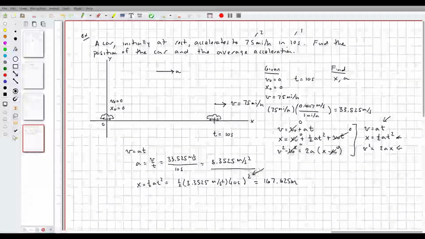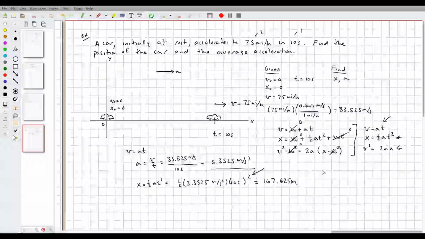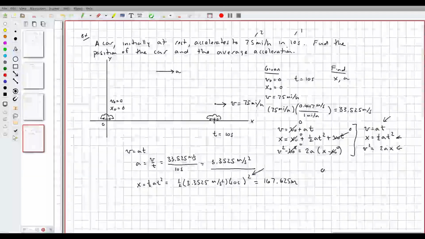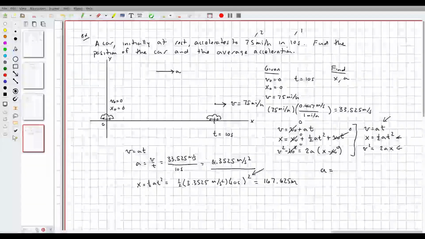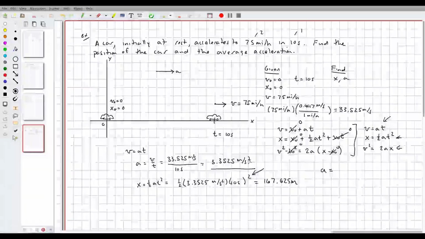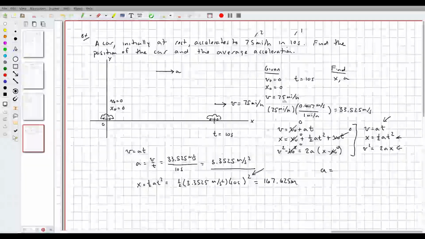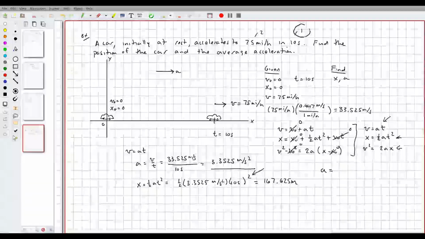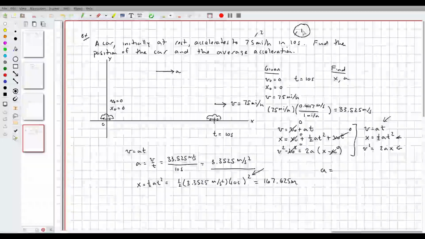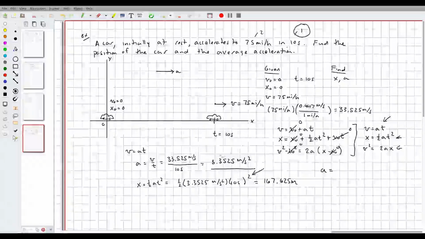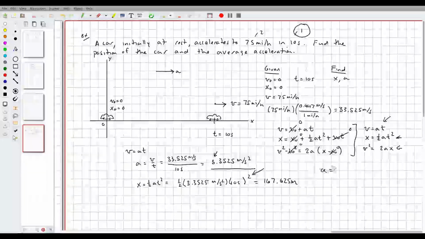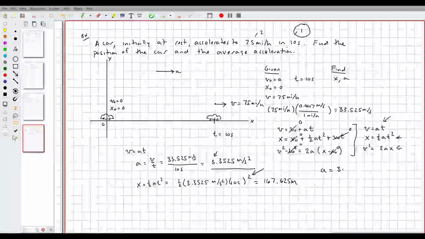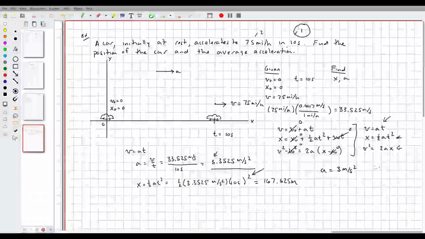Now, when we're done with our calculation, we're going to write down the answer. The acceleration here is 3.3525 meters per second squared. But look, one significant digit is the least number of sig figs that we can have. That makes this 3 meters per second squared.